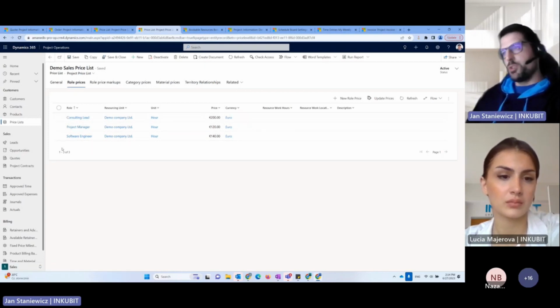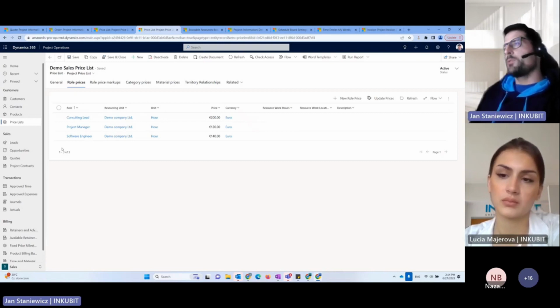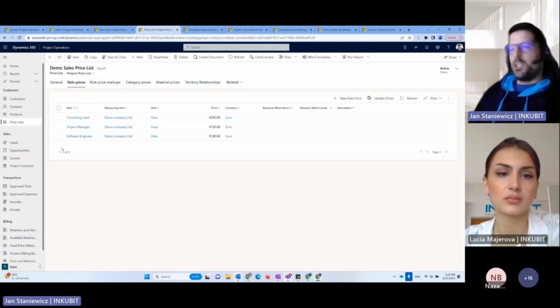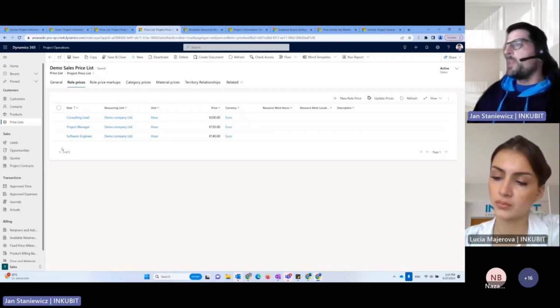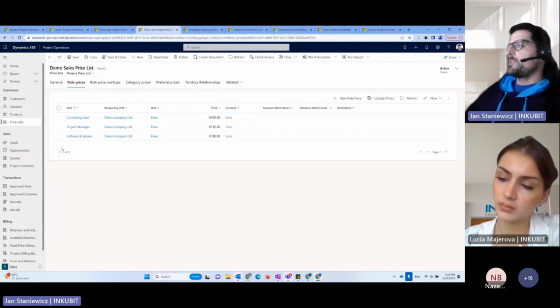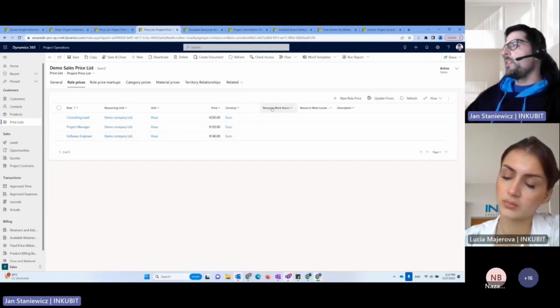So maybe juniors will be sold for less than seniors, or it can be broken down by location, because we have multiple business units, maybe one in India, one in Europe, say in Germany, and one in the USA, and depending on which country or business unit the specific resource comes from, the price might be different. What we are seeing here is the resource work hours.